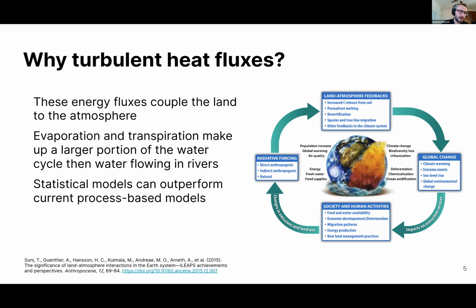Because of that, there have been some previous studies showing that statistical, machine learning or other data-driven methods can outperform our current process understanding at the landscape scale. So it's pretty telling that we should be trying to use these techniques and learn from them if we want to have robust predictions.